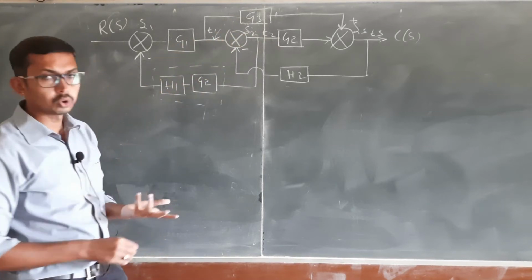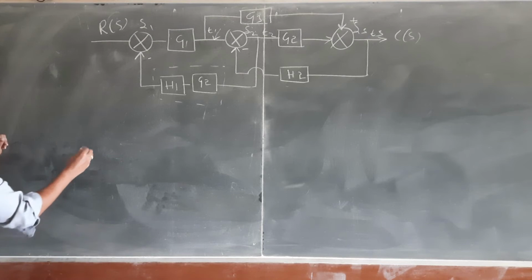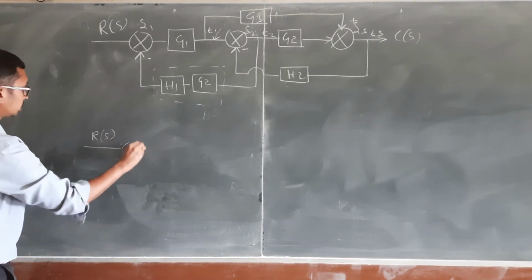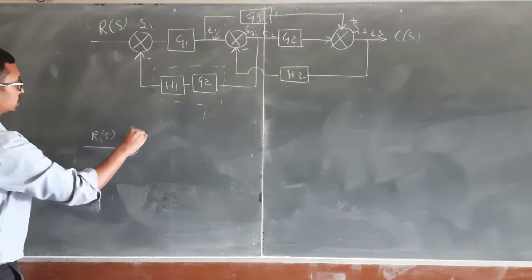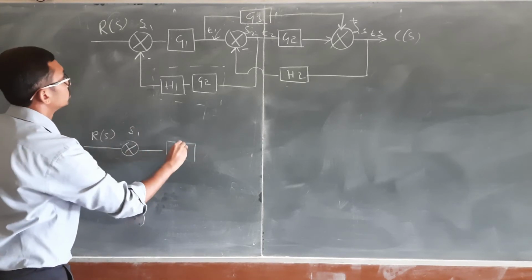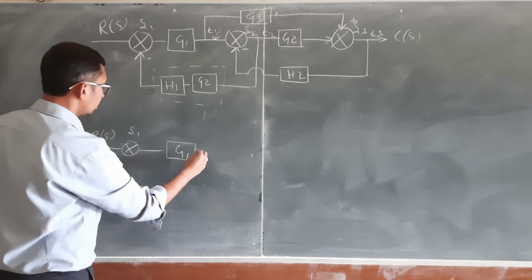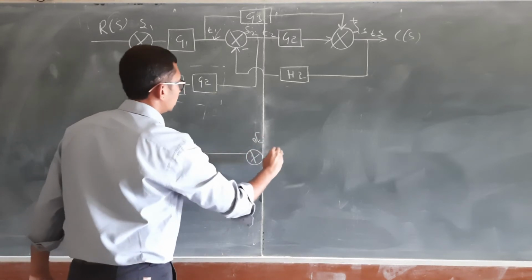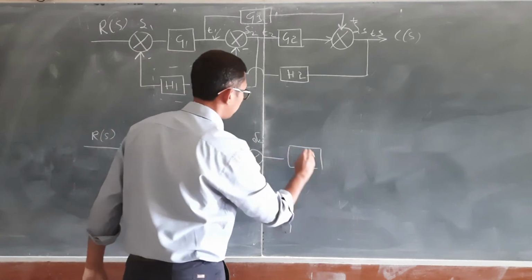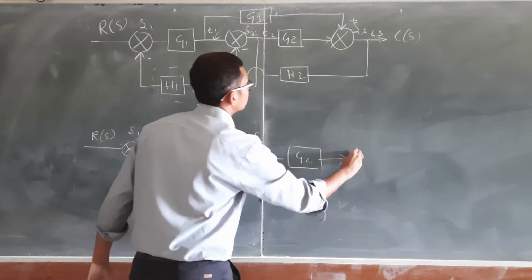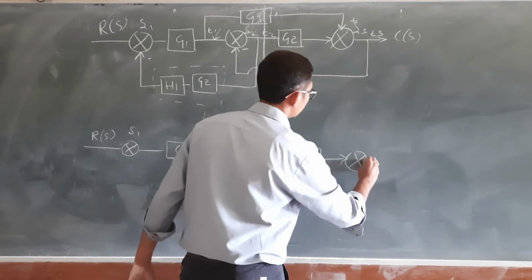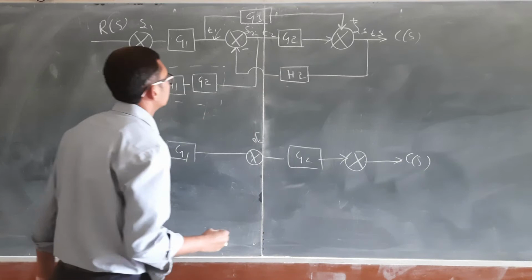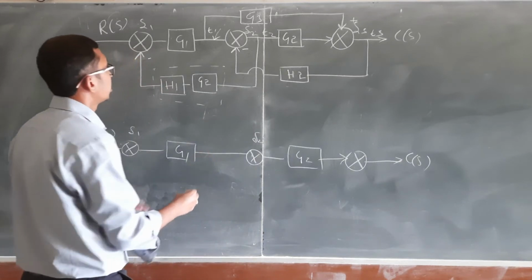So let me rewrite that one. I am going to write the forward path: R of S, summing point S1, then G1. Next there is another summing point S2 and G2, and there is a summing point S3, and also C of S is the output. And there is a takeoff point 1.